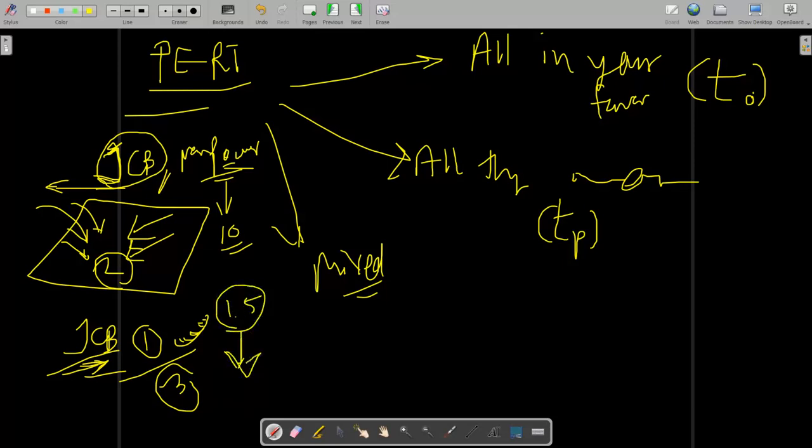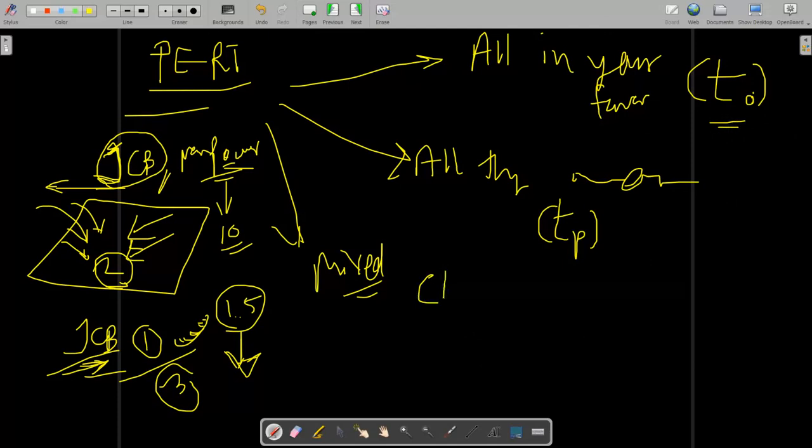Okay, all manpower are doing good efficiency. So all things are going in your favor, like at the end of 2 days you require this, but in only 1.5 days your land is dug up and all soils are removed. Okay, so in this, all these things go in your favor. So this is your optimistic time.